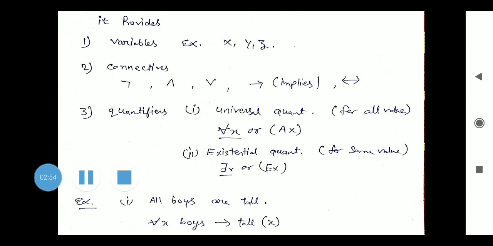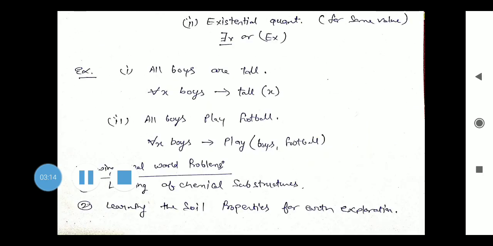Universal quantifier is used for all values and existential quantifier is used for some values. So in the example, all boys are tall: for all x, boys implies tall of x. So FOPL is represented like this.